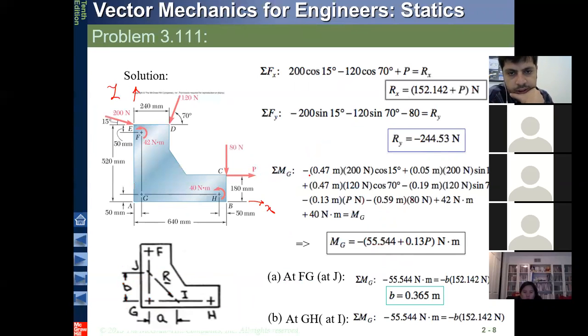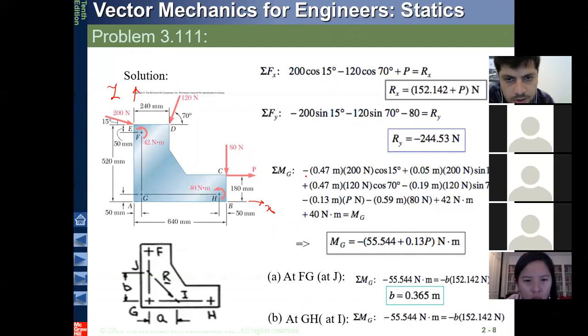So first we calculate the moment around point G, and each of the components. For example, for the 200 Newton case, the X component has a distance of 520 minus 50 millimeter. So then it would be 470. The distance between this point and G would be 470 millimeter, in meter 0.47 meter.